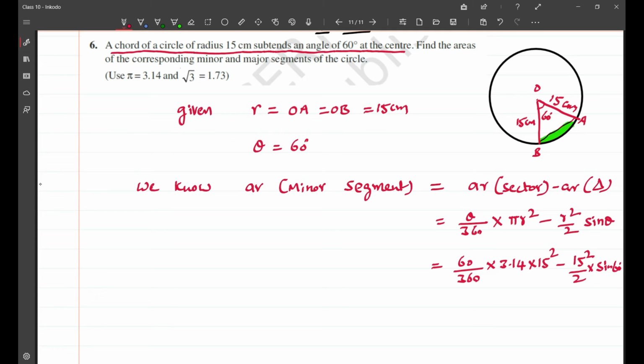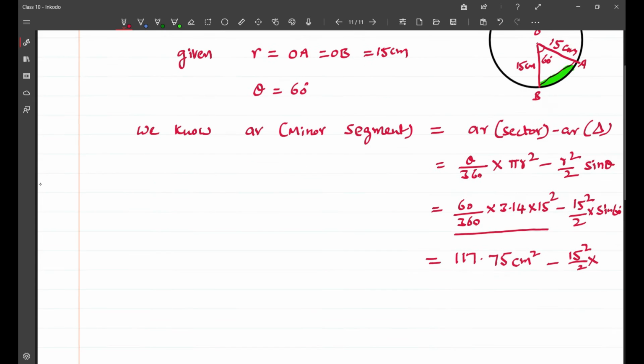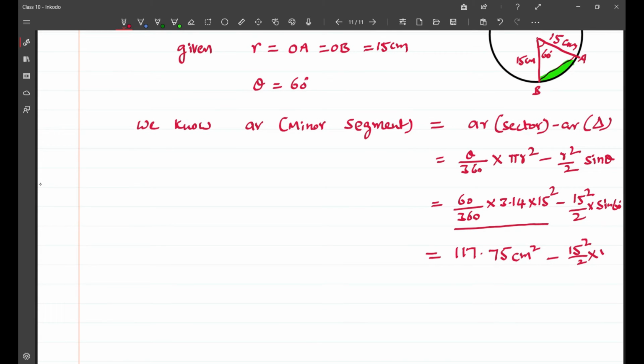Sine 60 value is equal to root 3 by 2. So after doing calculation, we will get area of sector is equal to 117.75 centimeter square. 15 square by 2 multiply sine 60 value, root 3 by 2.